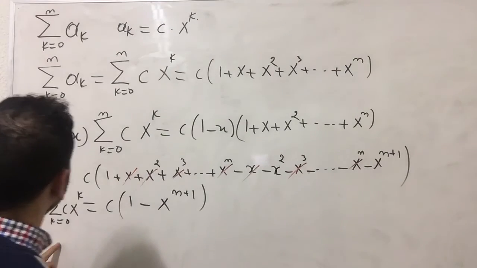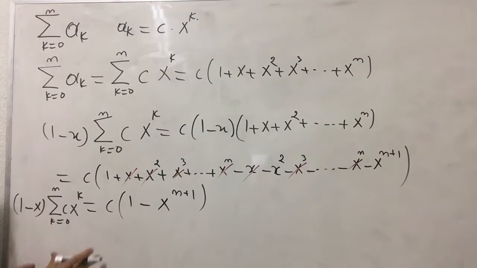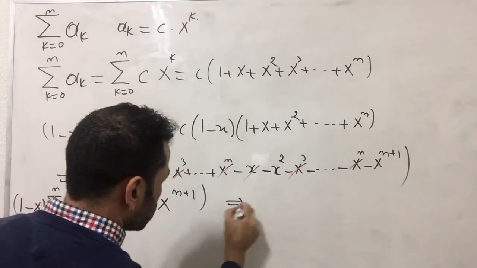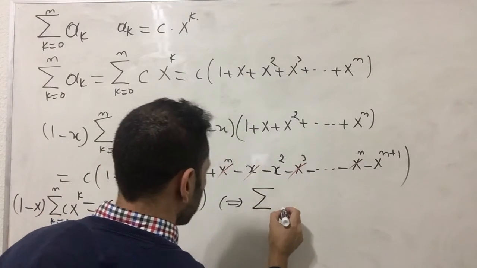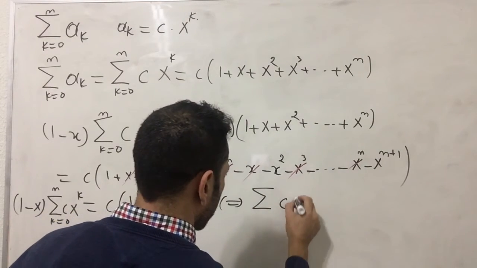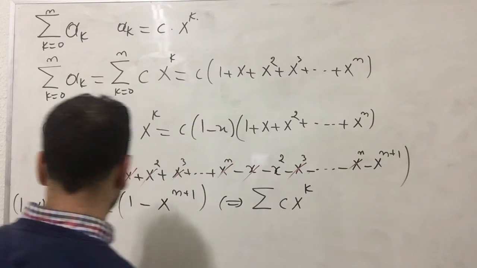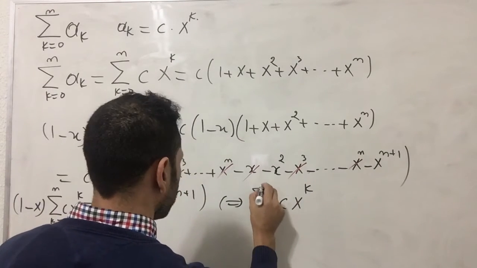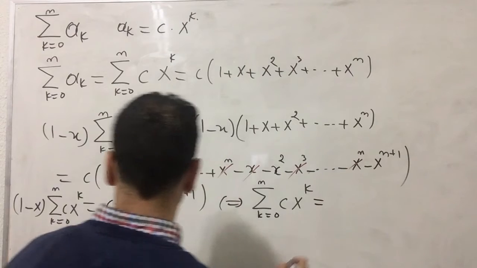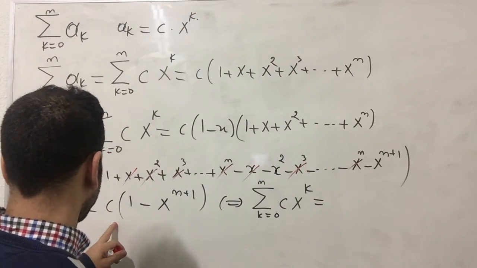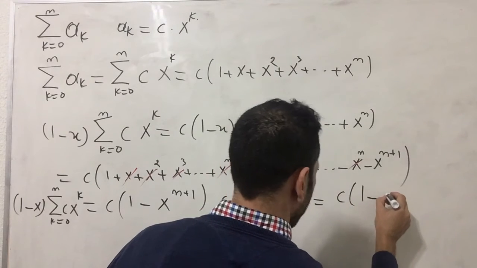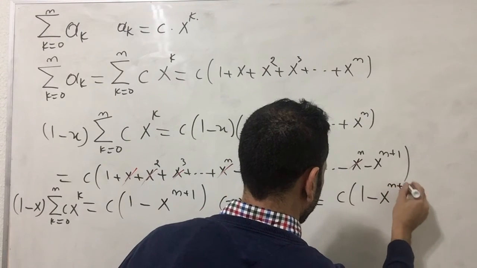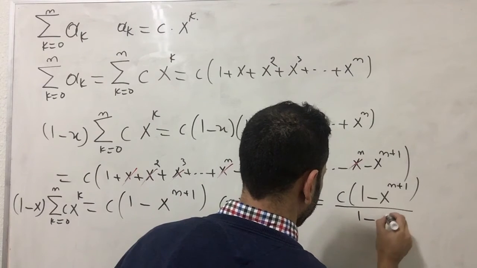Now what I'm going to do is divide both sides by 1 minus x. This is equivalent to this sum, c multiplied by x to the k as k goes from 0 to n, equal to this constant c multiplied by 1 minus x to the n plus 1 over 1 minus x.